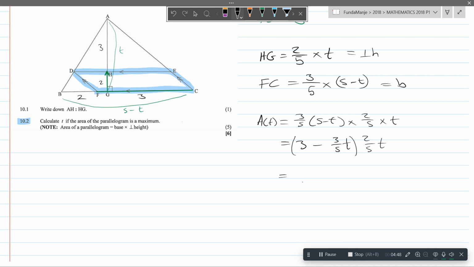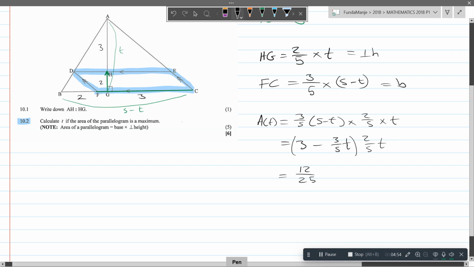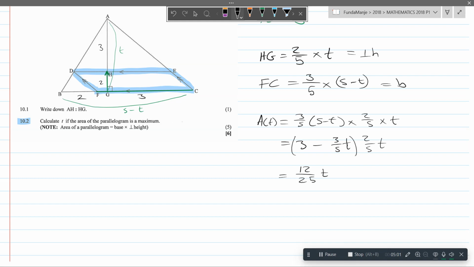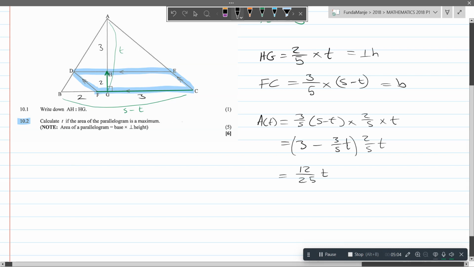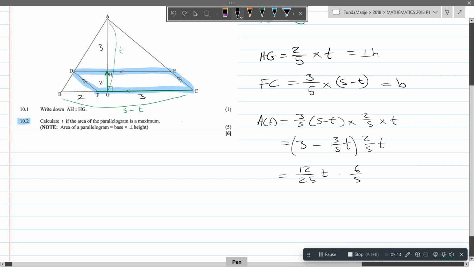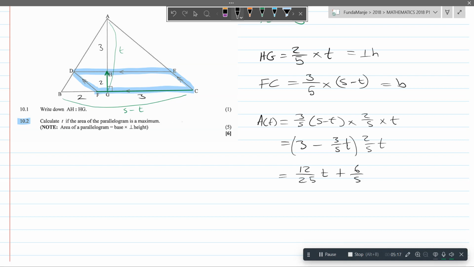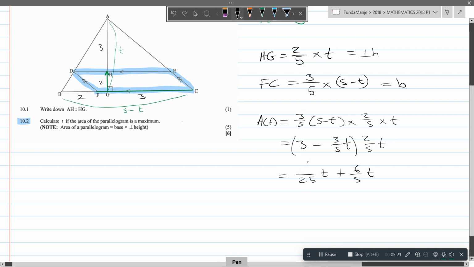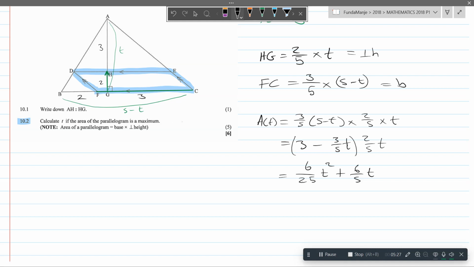So that will give us a final expression of minus 6 over 25 T squared plus 6 over 5 T. Since when they multiply we get minus 6 over 25: minus 3 times 2 is minus 6, 5 times 5 is 25, T times T is T squared.